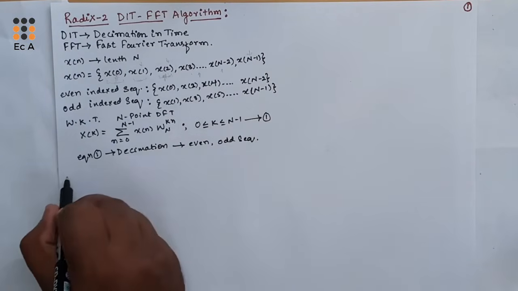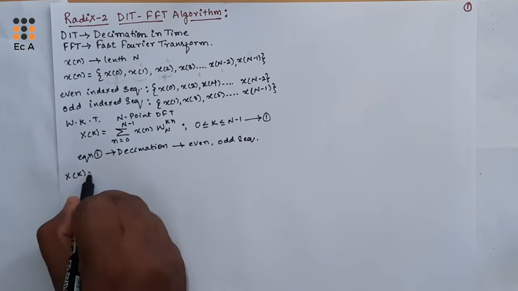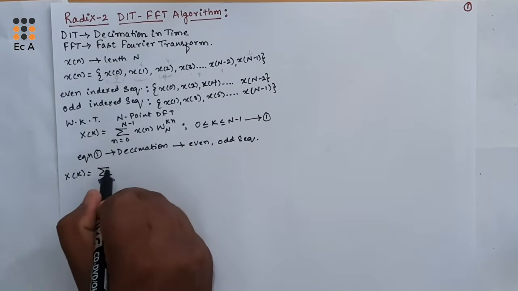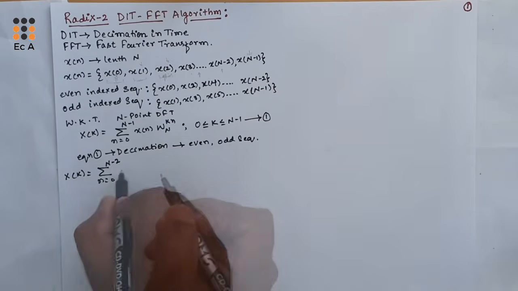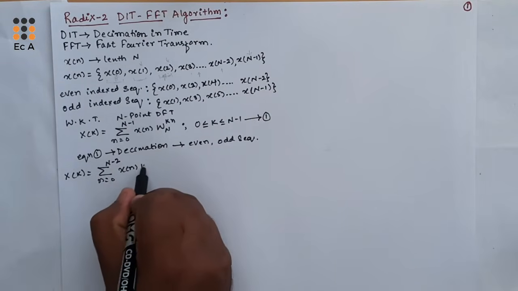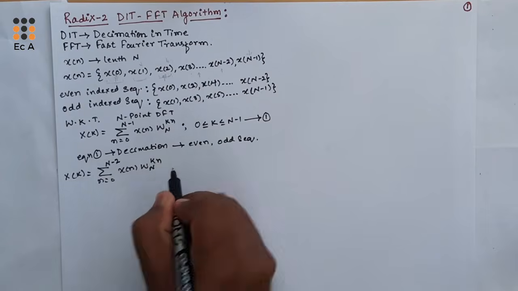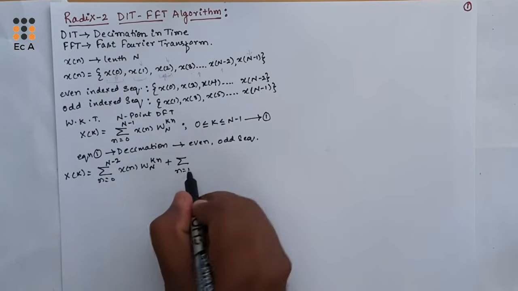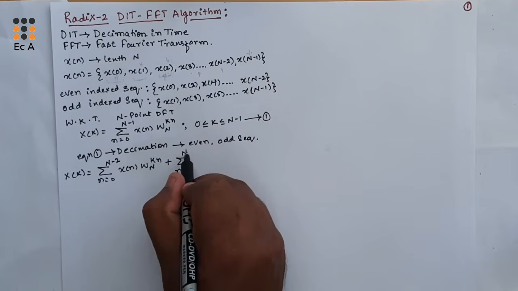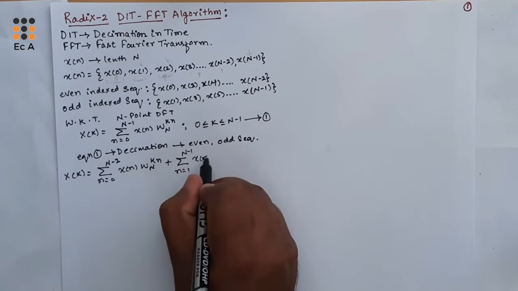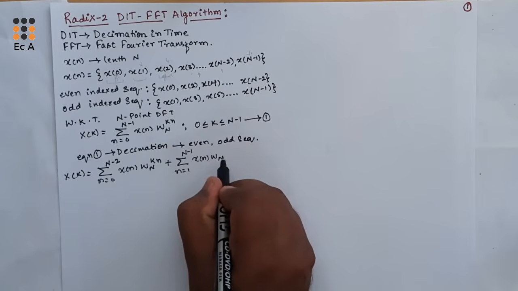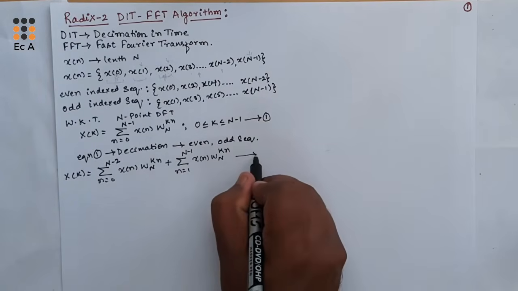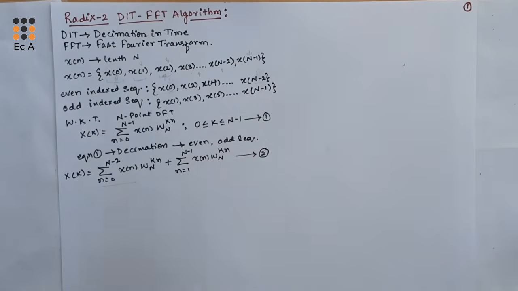So, we can write the above equation as X of k is equal to summation of n is equal to 0 to N minus 2 x of n W N to the power of kn, plus summation of n is equal to 1 to N minus 1 x of n W N to the power of kn. Let us call this equation number 2.